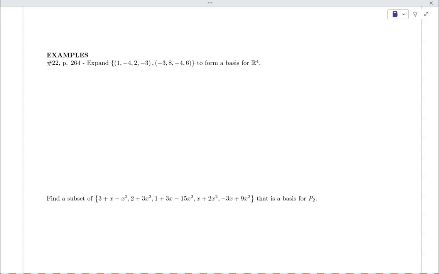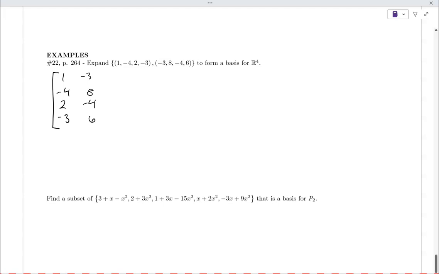So that's exactly what we're going to do here. Here's the idea. We're going to take this and put the first vector down column 1, the second vector down column 2. And then we're going to add on columns. We're going to add on vectors that we know for a fact span.